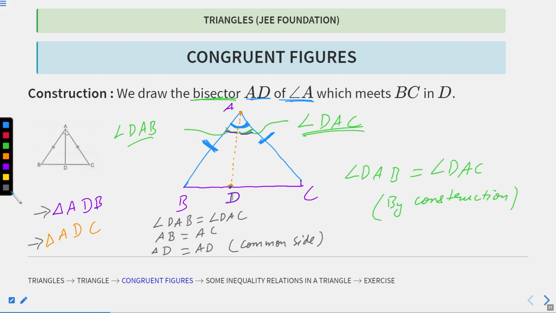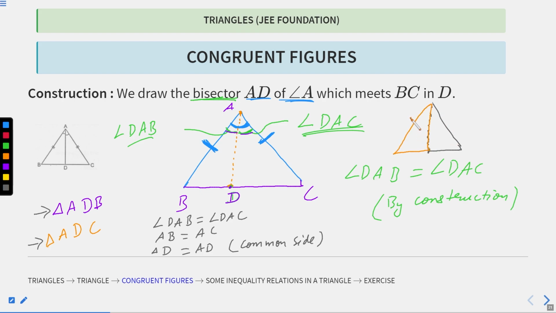If you see another diagram, my triangle will look like this, and this is the angle bisector. So one triangle is this, and another is the gray part.